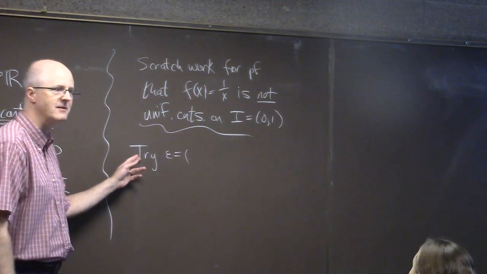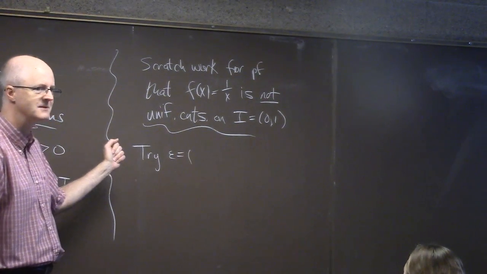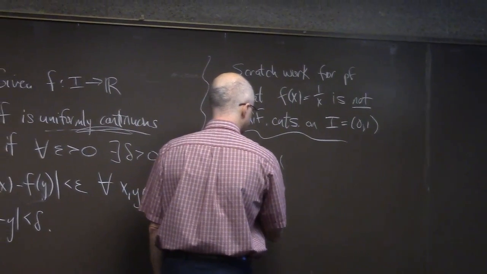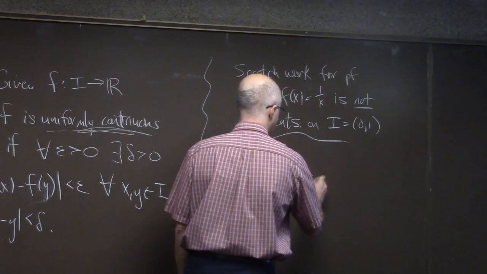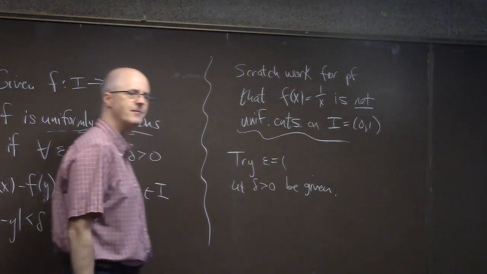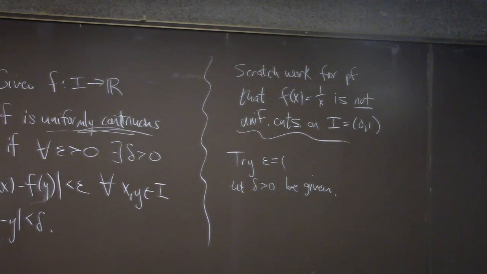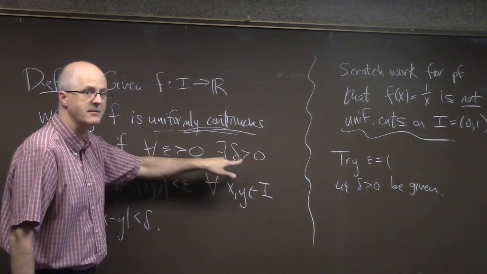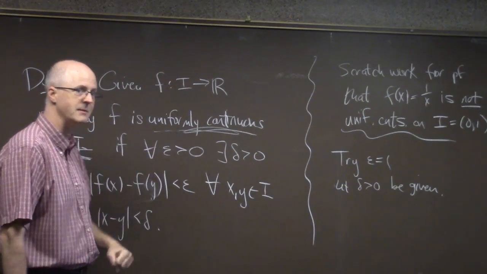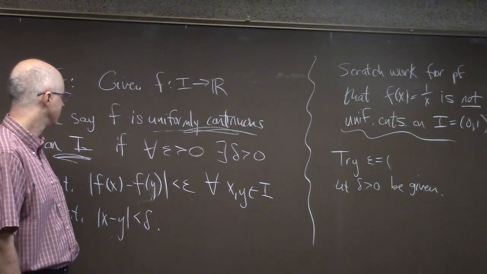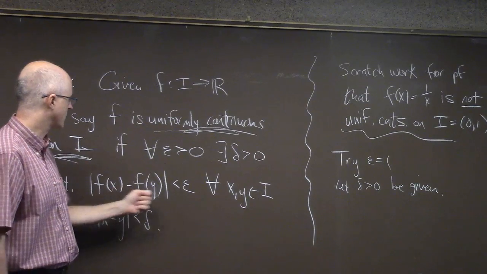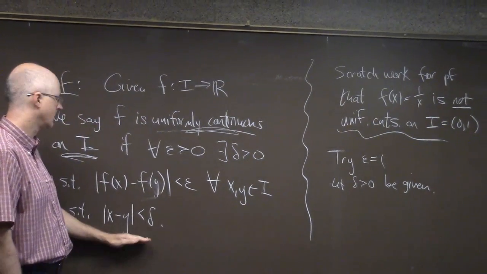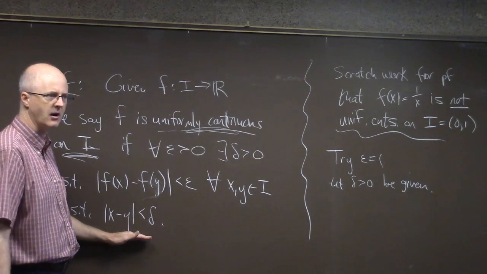I can put the word try in there. You probably shouldn't put the word try in proofs. Try epsilon equals 1. Let delta be given. You've got to show that there exists an epsilon so that for all delta, so the for all goes on the delta, so I have to let delta be given. I want to show this is greater than or equal to epsilon, greater than or equal to 1, for some points in the interval that are within delta of each other, where delta is an arbitrary positive number.